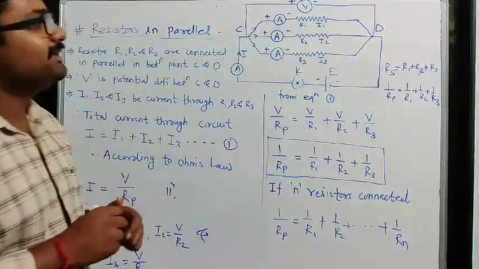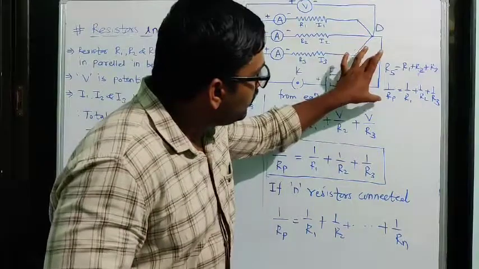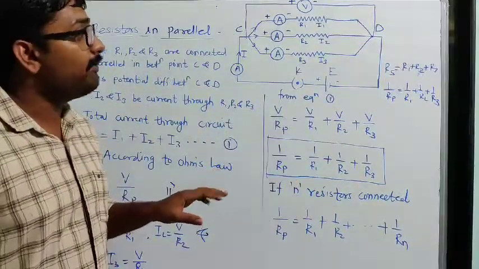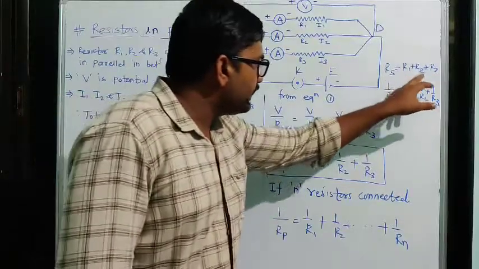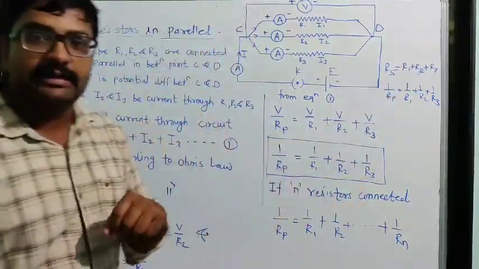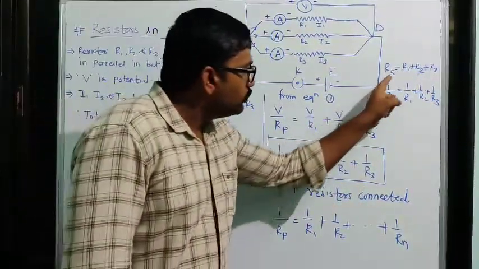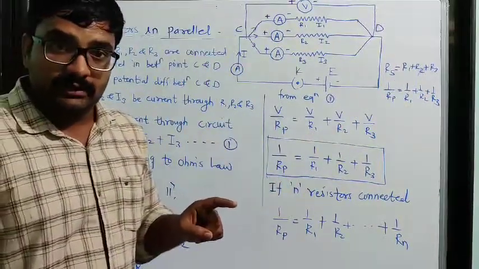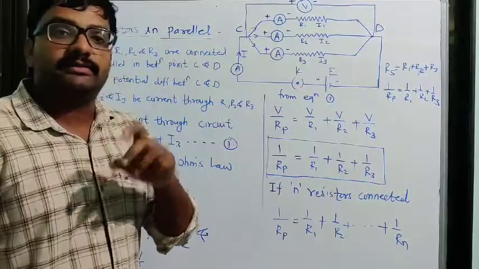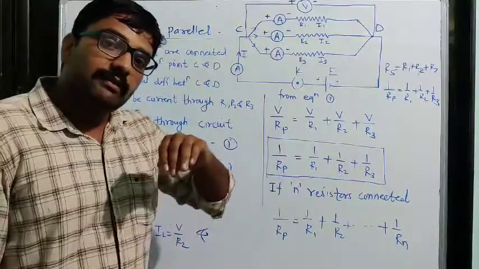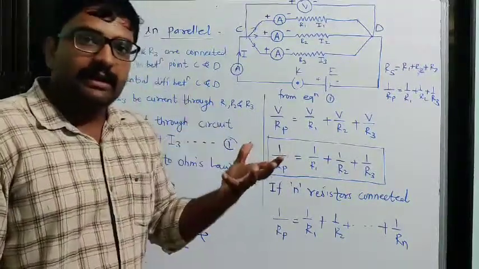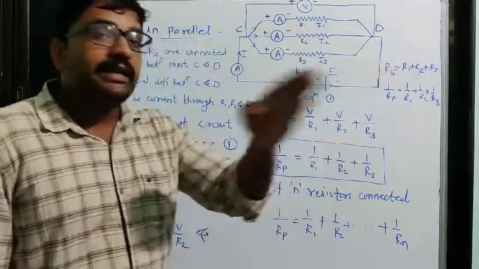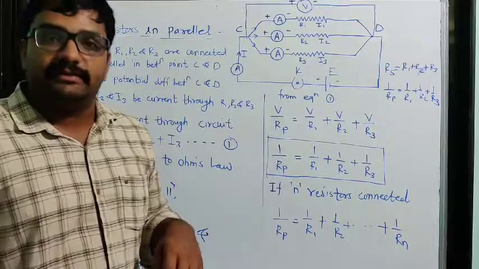So that is the difference between connecting resistors in series and in parallel. When resistors are connected in series, we take the addition of all the resistors, so the resistance increases as we increase the number of resistors.